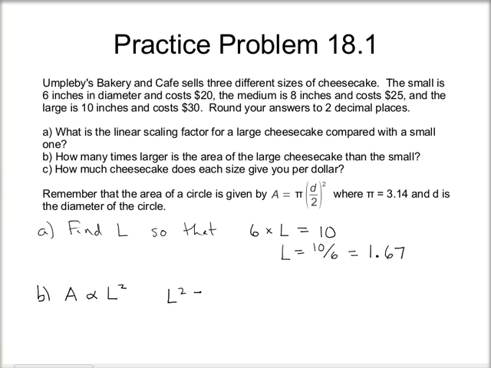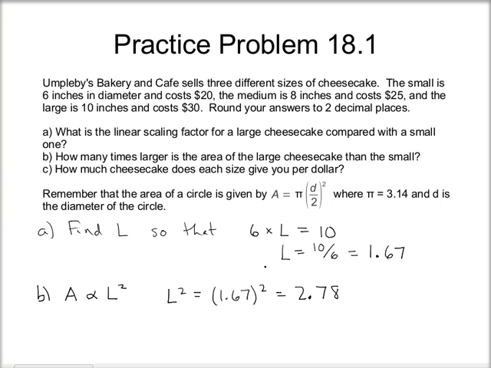So L squared, if I put 1.67 squared into my calculator, is equal to 2.78, rounding to 2 decimal places. So the area of the large cheesecake is 2.78 times the area of the small cheesecake.